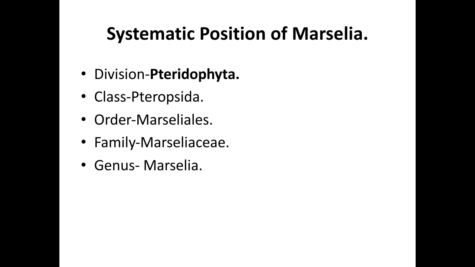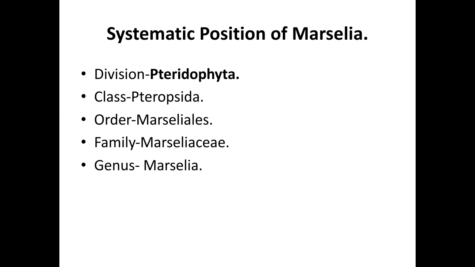Megaspores are few in number, while microspores are many in number. Then sporangia are formed within a special structure known as sporocarp. Then remember Marsilea is put into family Marsileaceae.